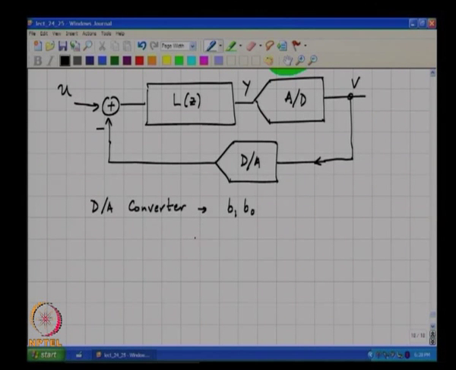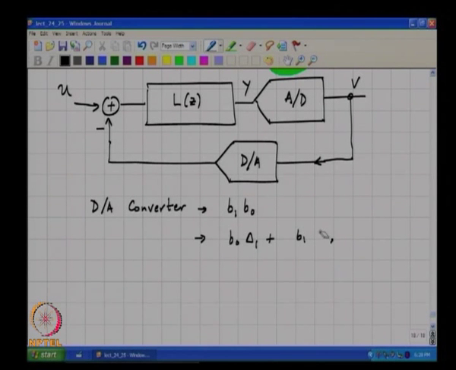The output voltage or current should be B naught times some delta plus B1 times 2 delta. So, if B naught and B1 take on values 0 and 1, you get 0, delta, 2 delta or 3 delta.